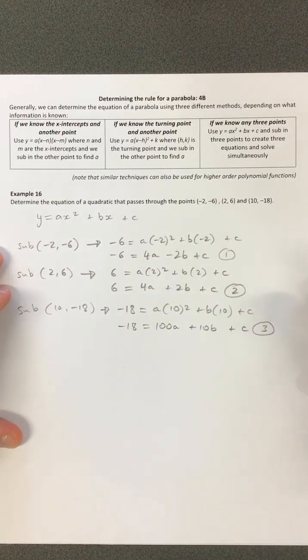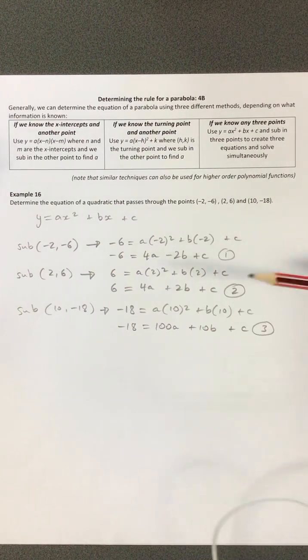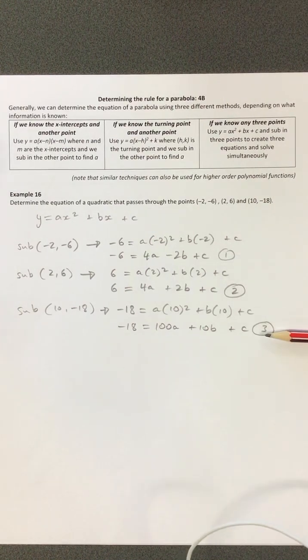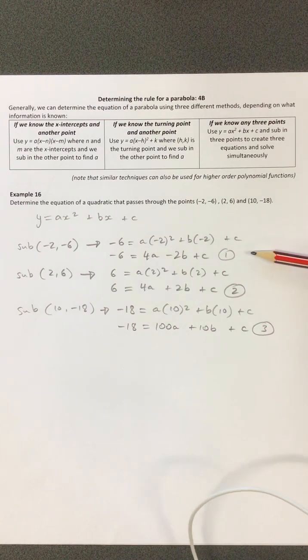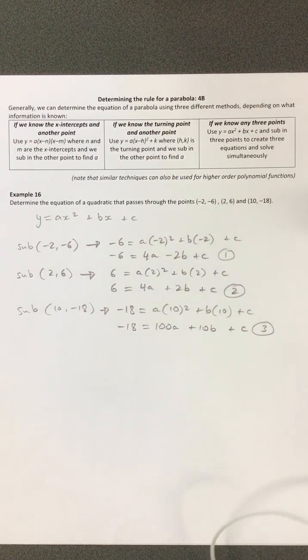Now, if this is calculator allowed, you'd be able to use the simultaneous equations template to generate 3 equations, type the equations in, and get the calculator to solve for A, B, and C. But you might get asked to solve simultaneous equations without a calculator. We can still use substitution or elimination when there are 3 equations. It's just that sometimes it gets a little bit trickier.